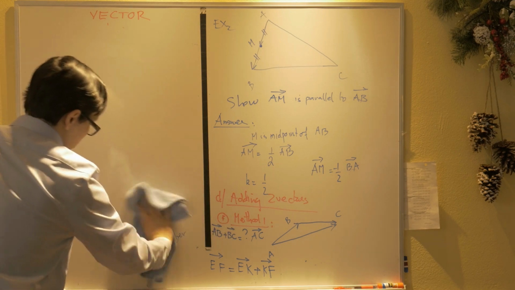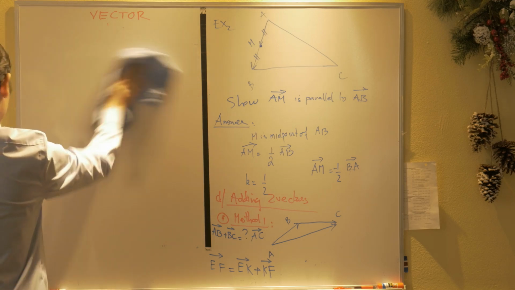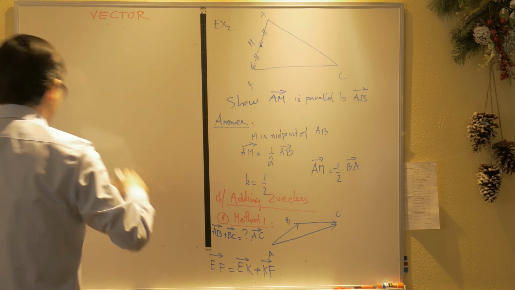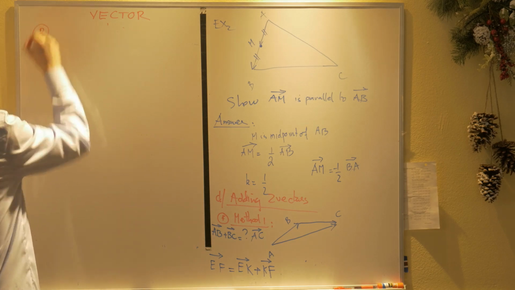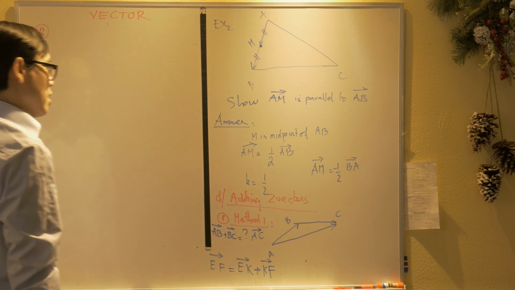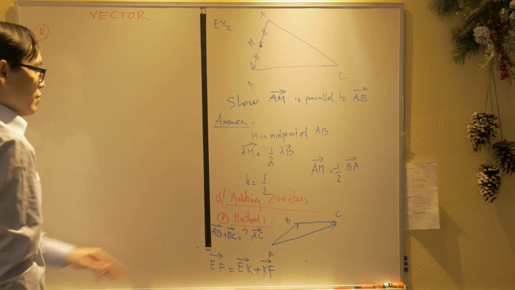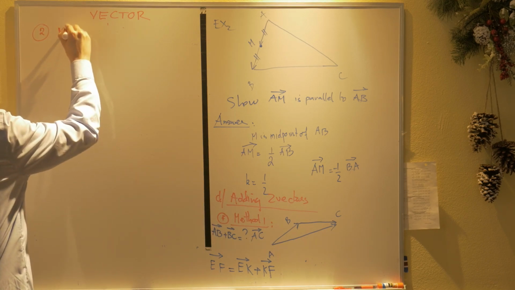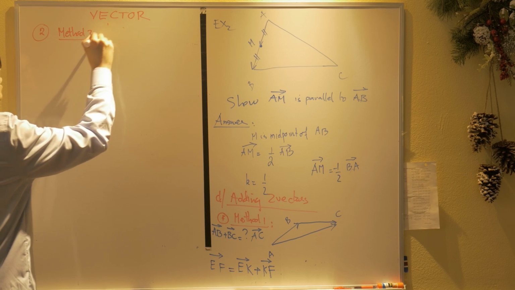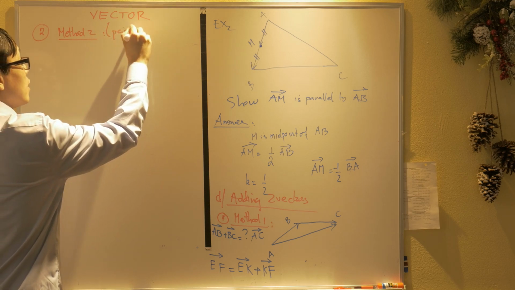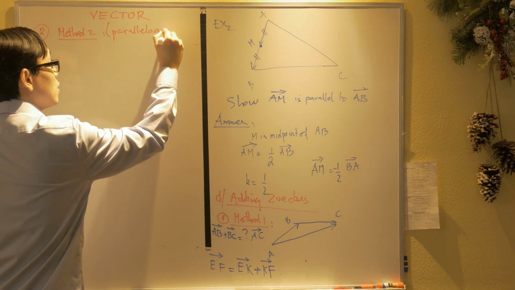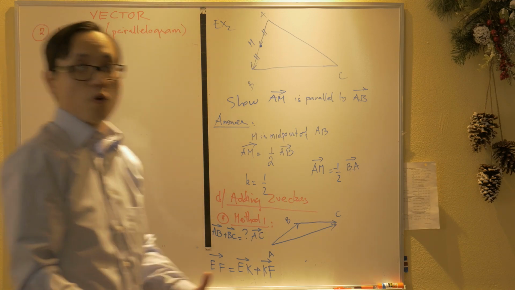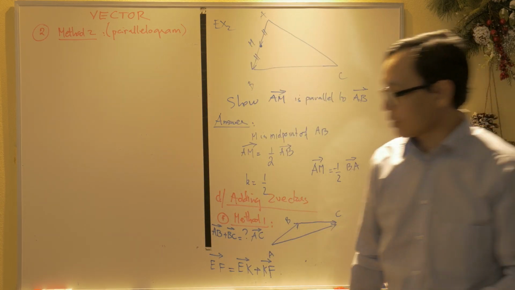It's nothing other than the first method, but sometimes it's easier to apply because some students find it very hard to recognize the picture of the first method. So method 2 is the parallelogram. Why do we call it a parallelogram? Because we actually have to draw a parallelogram when we add two vectors together.